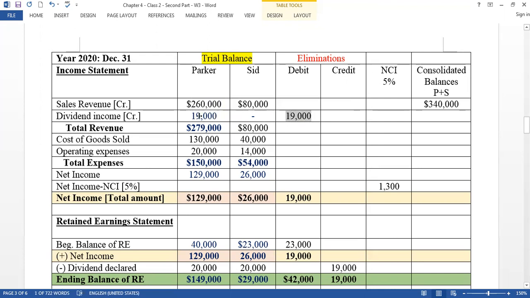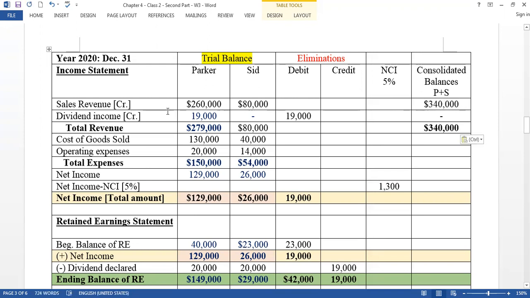What is the relationship between debit and credit? It is a negative relationship. Because debit is plus, credit is minus, right? So one is debit, another is credit, ultimately it is zero. Now we can calculate our total consolidated revenue. This is the total consolidated revenue.